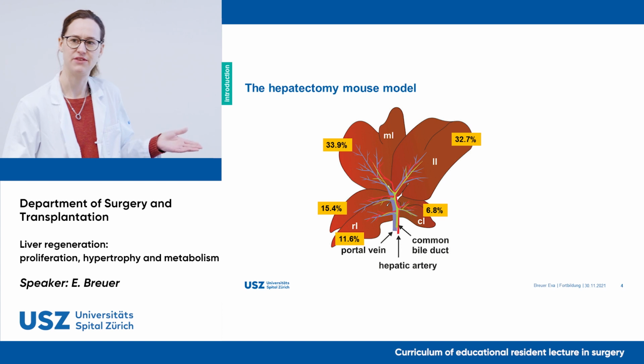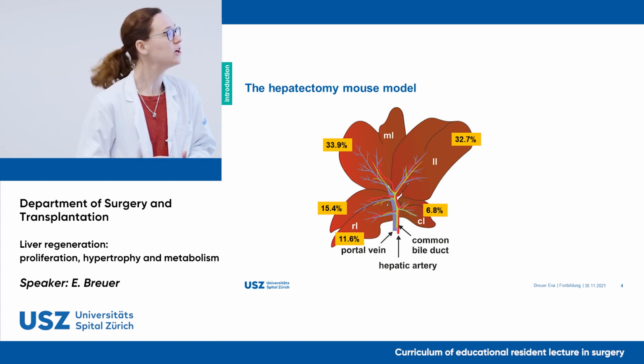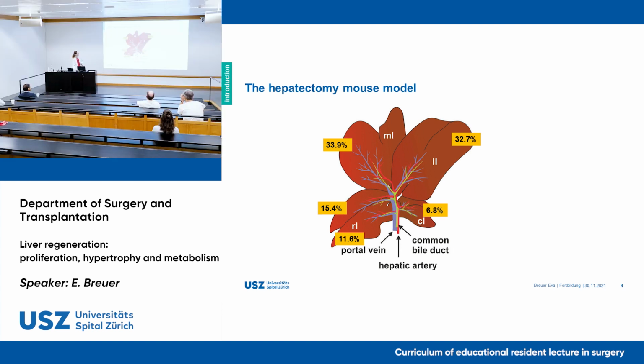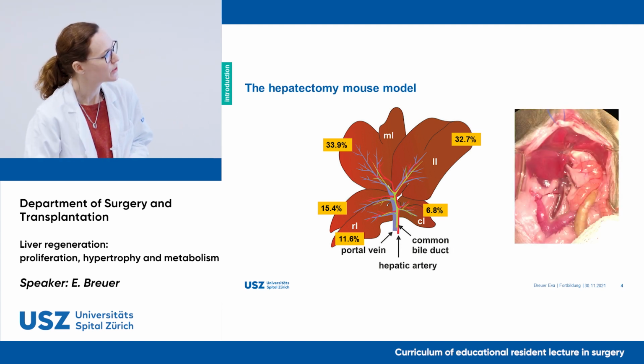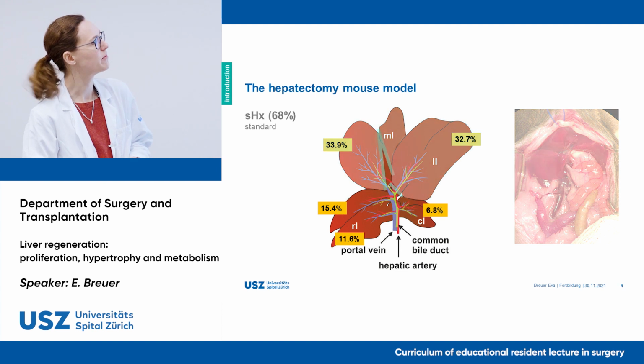It looks a little bit different to our liver. We have different lobes: the middle lobes, the left lobe here, the caudate lobes, and the two right lobes. Depending on how many of these lobes we take away, we have different forms of hepatectomies. This is the liver in situ of a mouse.